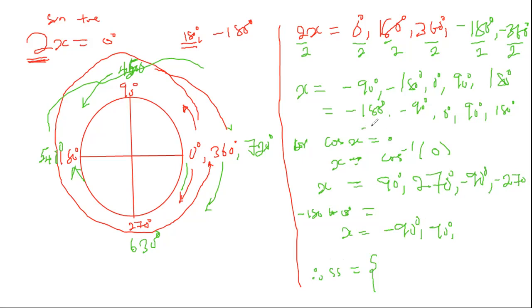So we write these angles and then plus these ones. Okay, the 90s are already here, so we might not need to write them double. So I can say 180, negative 180, negative 90, 0 degrees, 90 degrees, and 180 degrees.